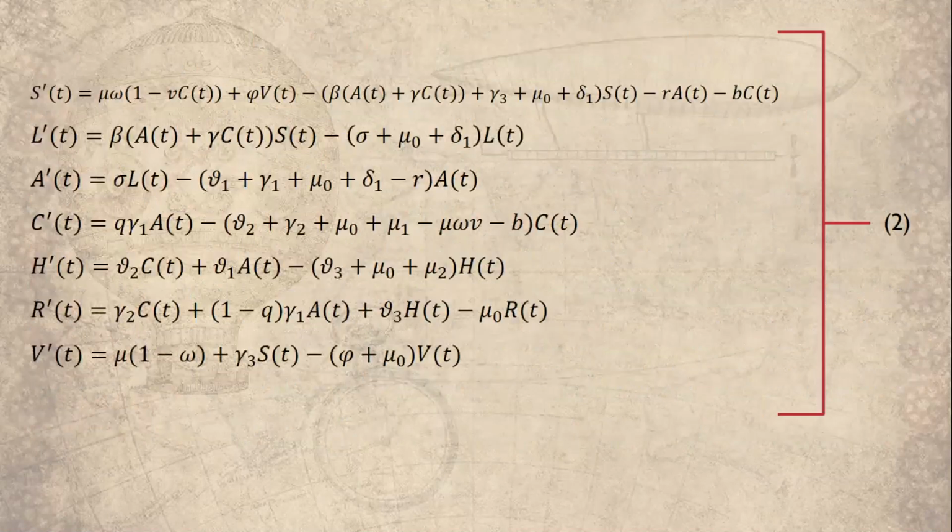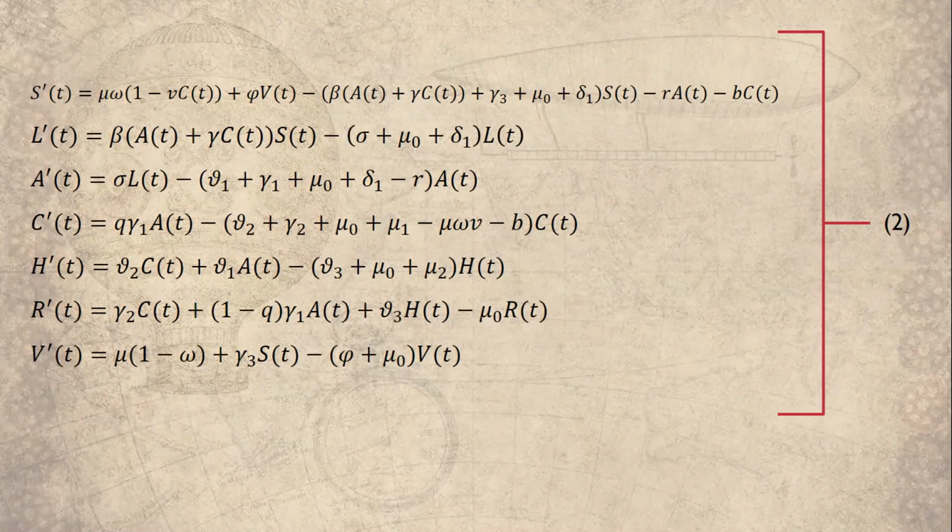From that, we have the differential equation S prime of t equals mu omega into bracket 1 minus epsilon C(t) plus phi V(t) minus beta A(t) plus gamma C(t) plus gamma 3 plus mu naught plus delta 1 S(t).